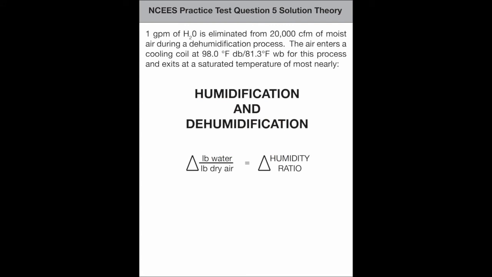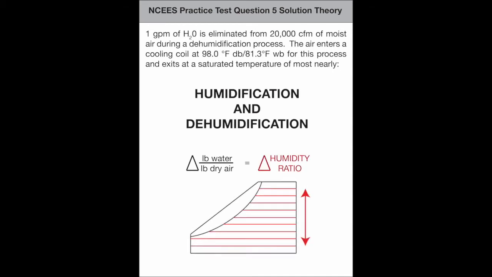Humidification and dehumidification are processes that fundamentally represent change in the humidity ratio of the air. That is, a change in the y-axis of the psychrometric chart. Here is the unit conversion you need. Pounds of moisture, that is, mass of water, to pounds of dry air.